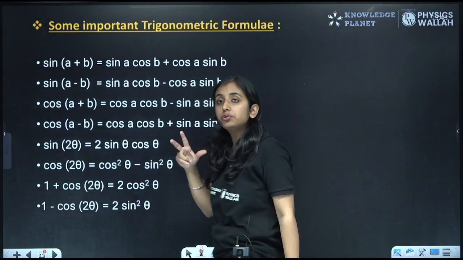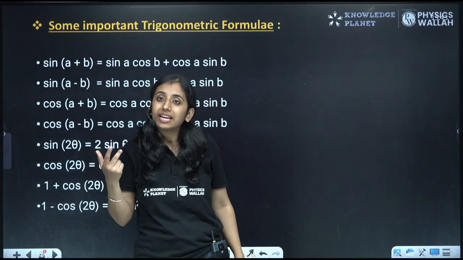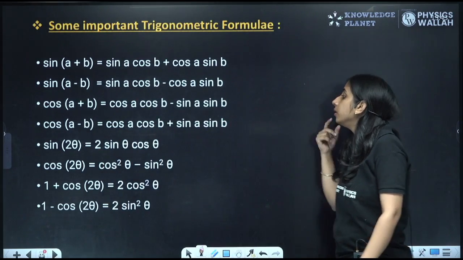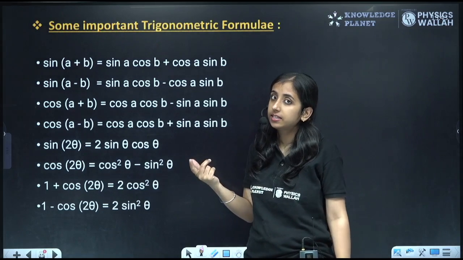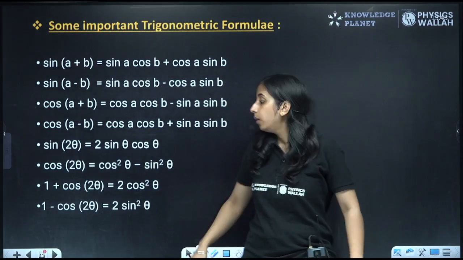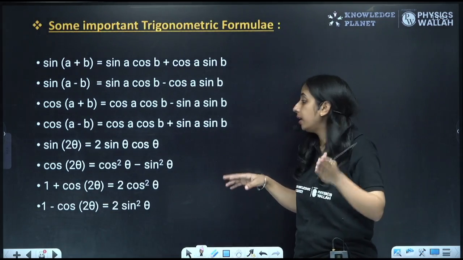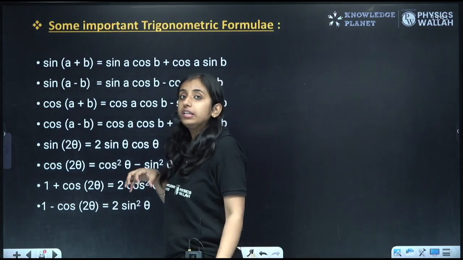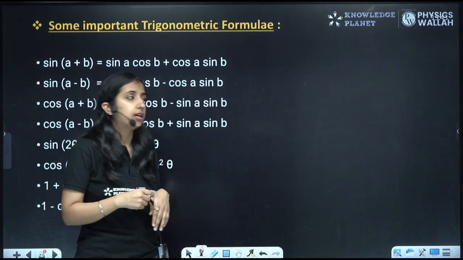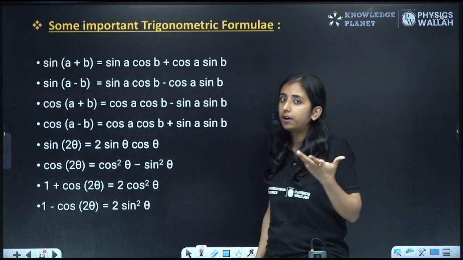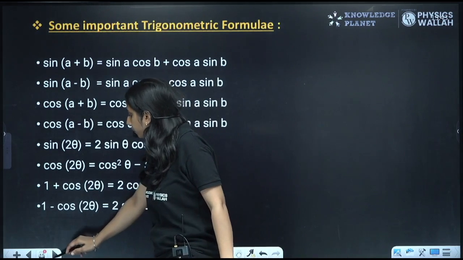Then sine 2 theta is 2 sine theta cos theta. Cos of 2 theta is cos square theta minus sine square theta. And 1 plus cos 2 theta is 2 cos square theta. 1 minus cos 2 theta is 2 sine square theta. These are some important trigonometric formulae which you have to remember.